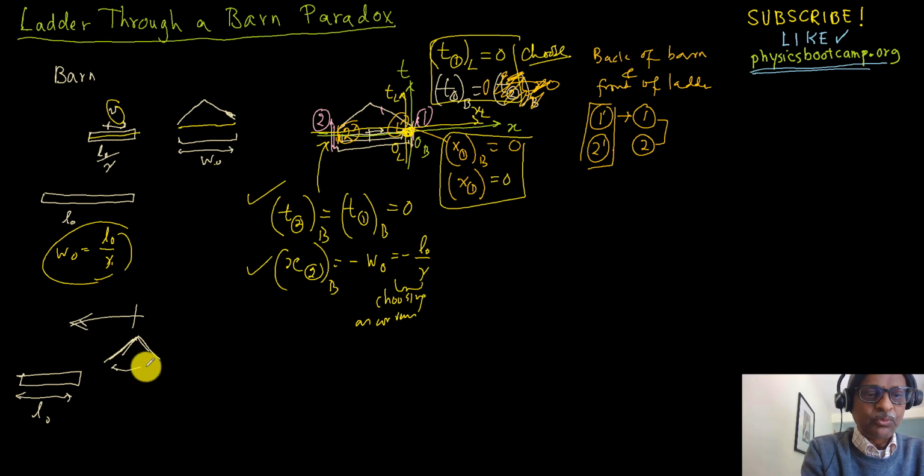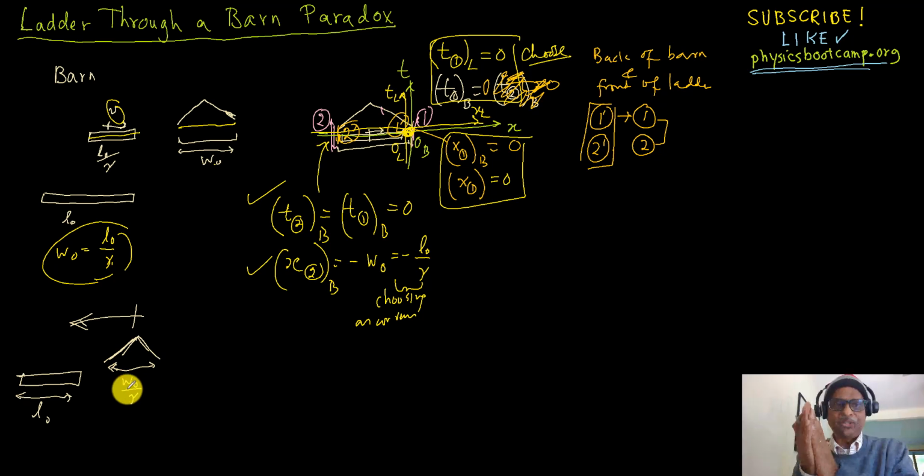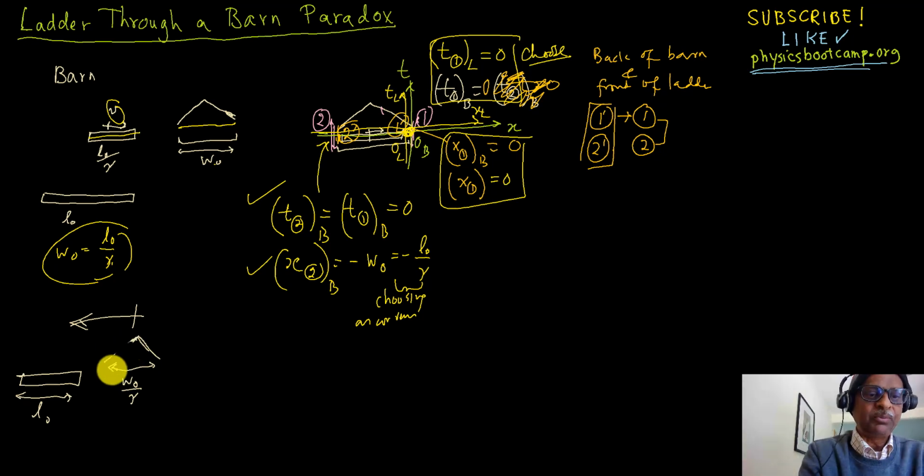Then the width will now be W0 over gamma. The width of the barn will shrink, right? So it won't look that wide anymore. It's going to look like that. So that's going to be W0 over gamma.